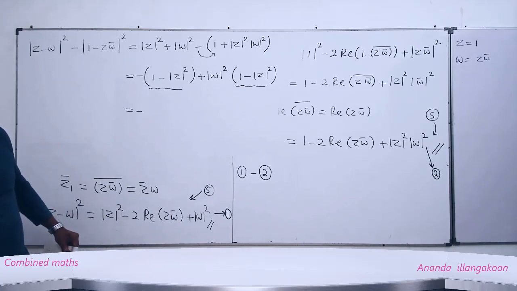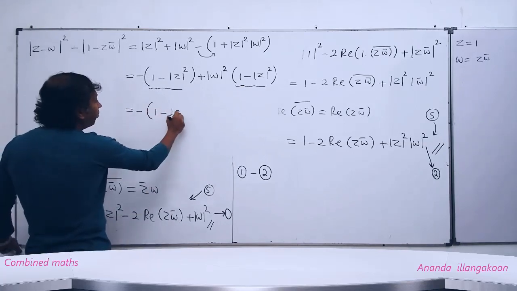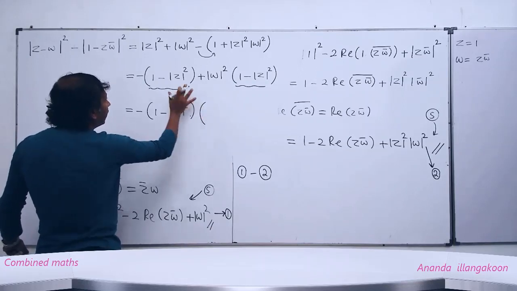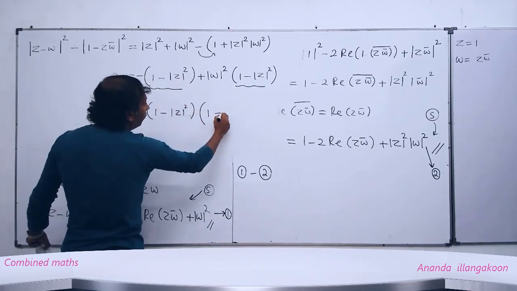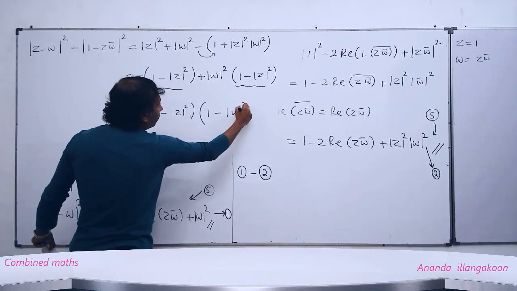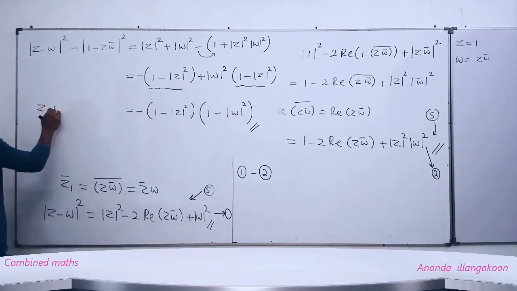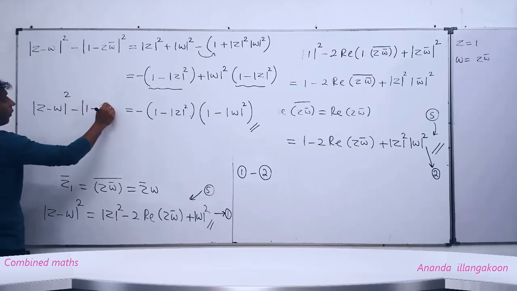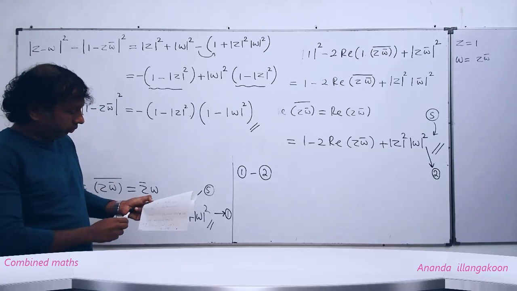Right. Now, 1 minus mod Z squared, right? When I take this with the minus sign out, this is now 1. You know what W squared is. We get this answer. This is the correct answer. Right?